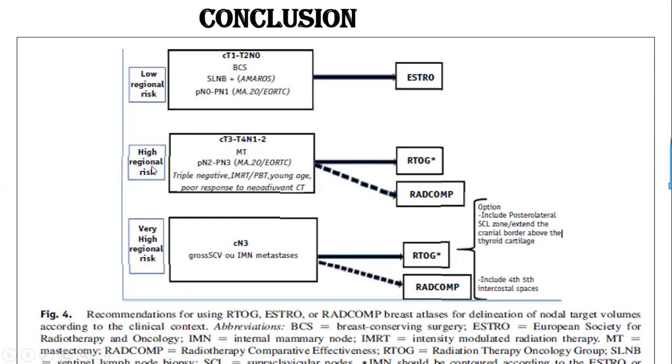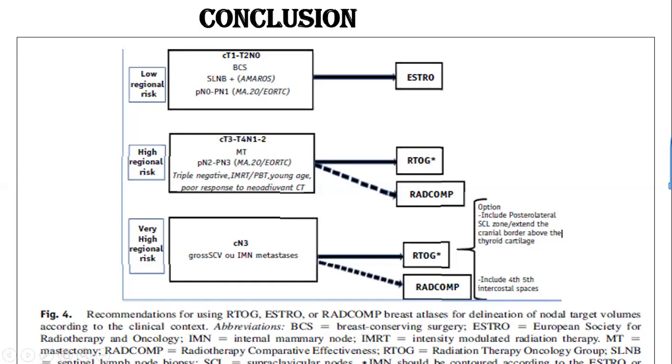But when there is a high regional risk group, that is advanced stage, or the patient underwent mastectomy, or triple negative disease, or poorer response to neoadjuvant chemotherapy, we will follow either RTOG or RADCOMP guidelines. In very high regional risk, we will follow RTOG or RADCOMP guidelines with an extra border cranially in the supraclav, and we will include the fourth and fifth intercostal spaces as well.